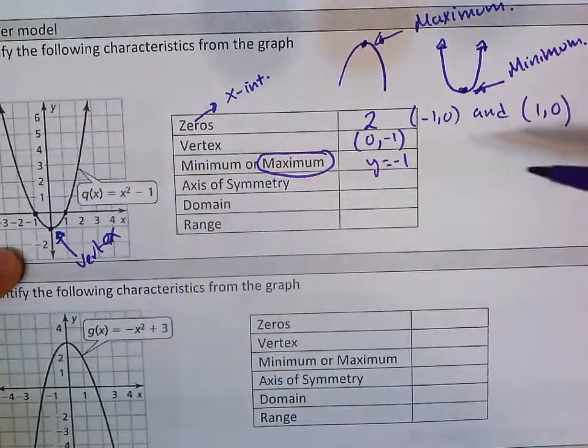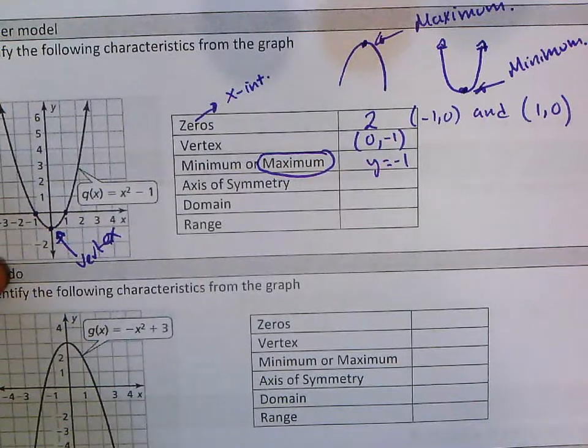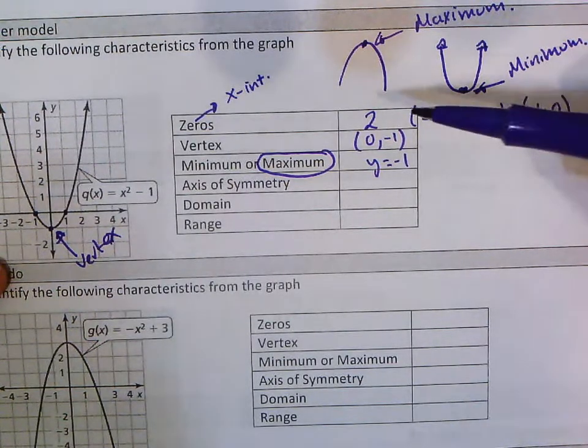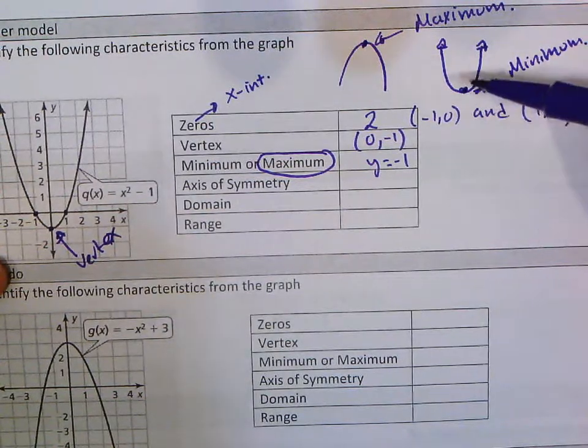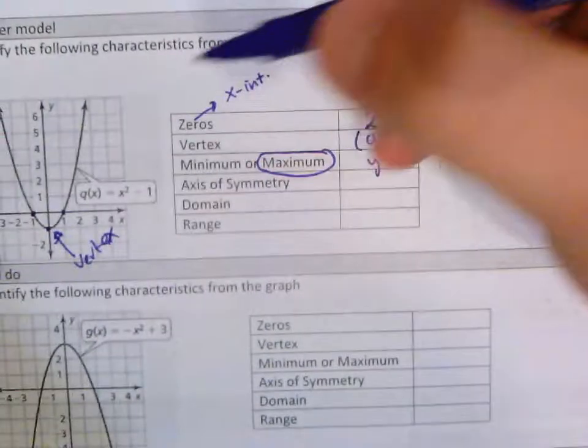Then we have the axis of symmetry. The axis of symmetry is nothing more than the line that bisects the graph. And the cool thing about the axis of symmetry is that it will always go through the vertex in a parabola.